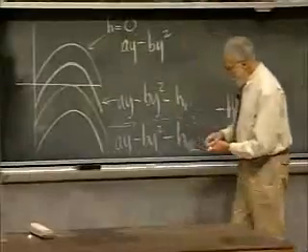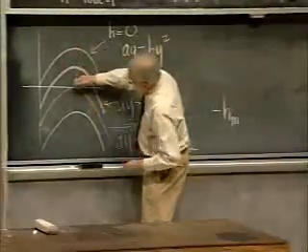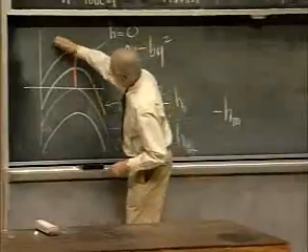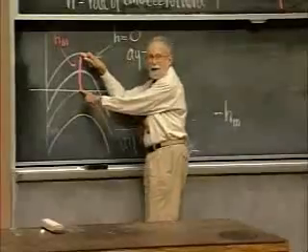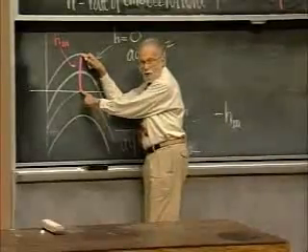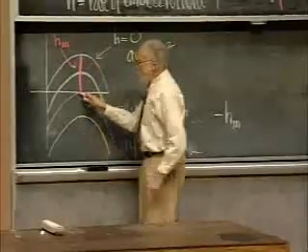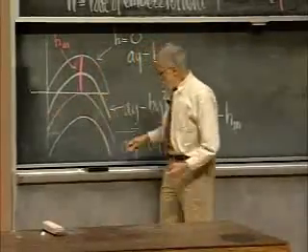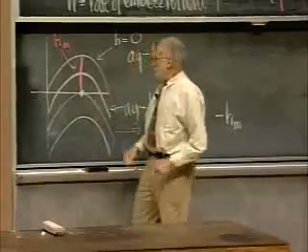Where is h sub m on the picture? I lowered it by this amount, so this height is h sub m. In other words, if I find the maximum height here, which is easy to do because it's a parabola, and lower it by exactly that amount, I will have lowered it to this point. This will be a critical point.